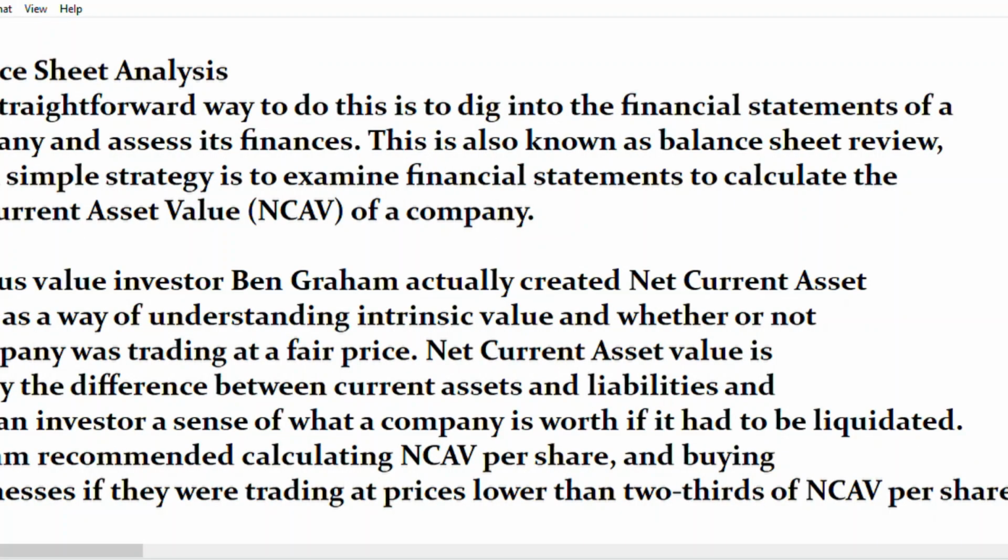Now the famous value investor Mr. Ben Graham created net current asset value as a way of understanding intrinsic value and whether or not a company was trading at a fair price. Net current asset value is simply the difference between current assets and liabilities, and gives an investor a sense of what a company is worth if it had to be liquidated.